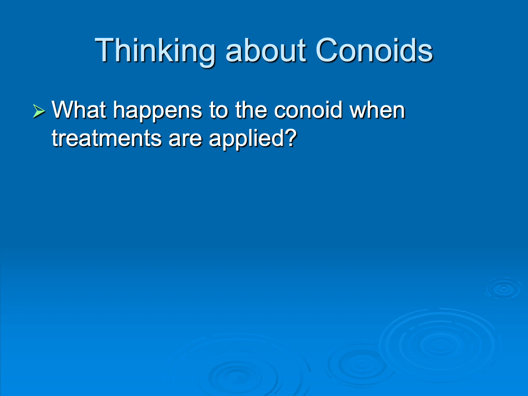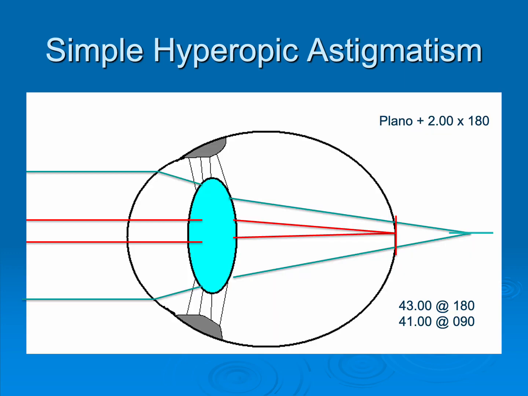So we're going to start really thinking about conoids here. We talked about it a little bit earlier, but what happens to that conoid when we apply treatment? I mean, what really happens? So we're going to go back to our simple hyperopic astigmatism here. And when we're talking conoid of Sturm, once again, we're talking about the distance between that red vertical line right there on the back of the eye and the horizontal line that's back behind the eye.